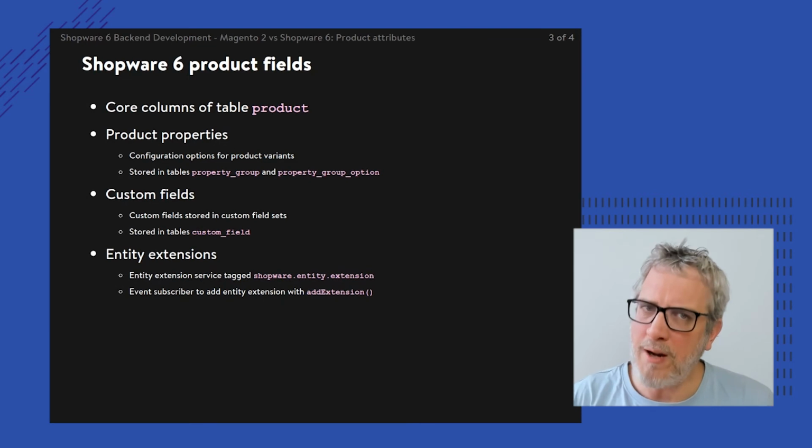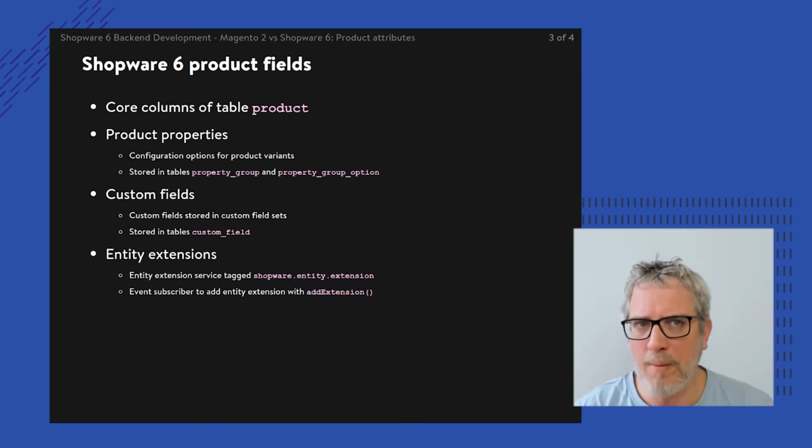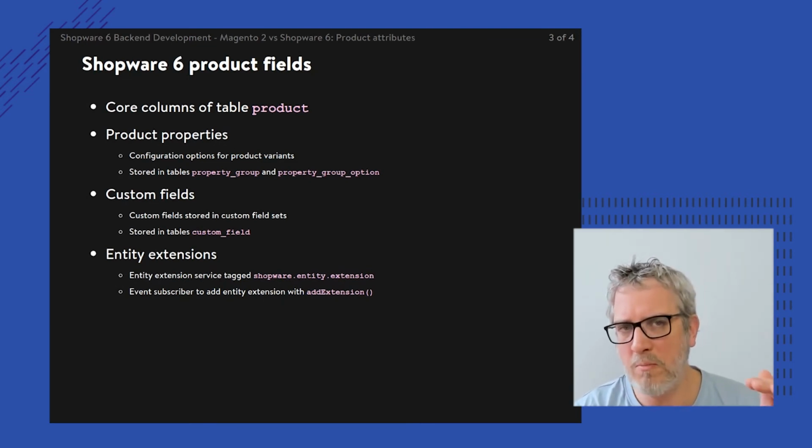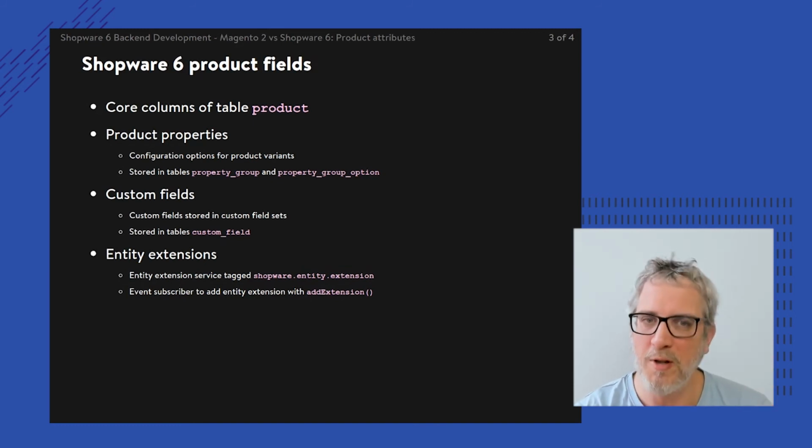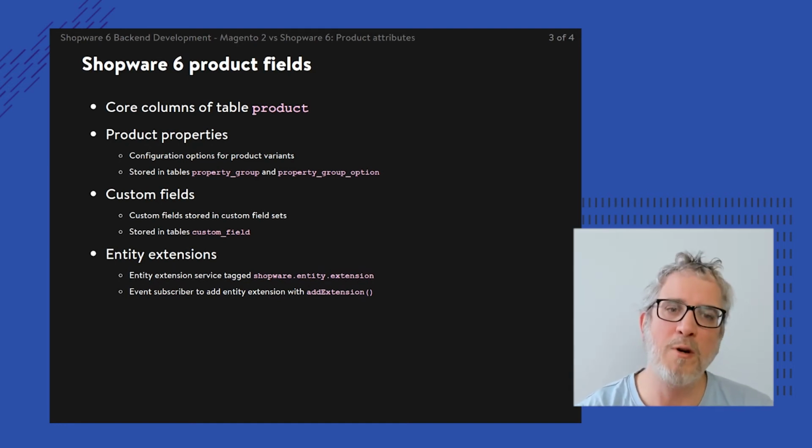So that's summing up how you make this product more extensible. Because of all of those other options, the properties, the fields, and the entity extensions do not add a new column to the table product. That would be editing the core, which is always a bad idea.